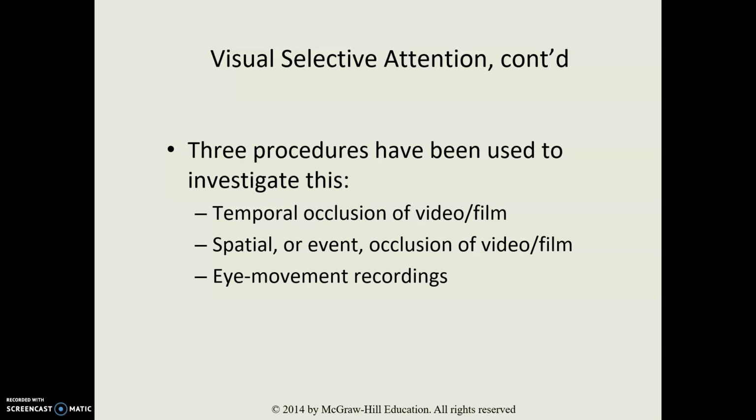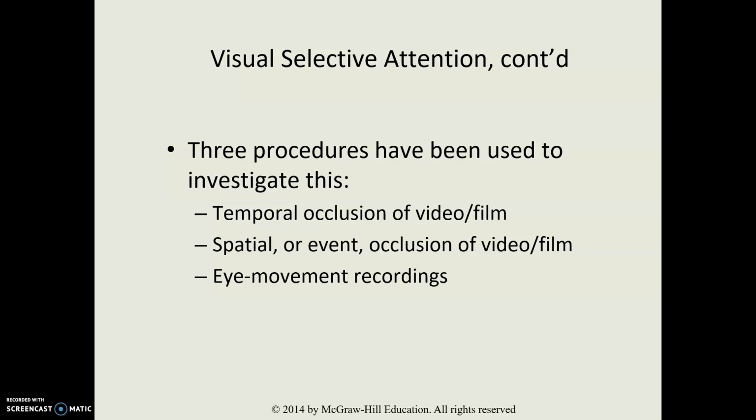First of all, temporal occlusion of video or film, temporal meaning time, where they would show the participant a video clip of a skill, and then they would stop it somewhere along that time frame, and then the individual would have to decide what type of movement was going to occur.